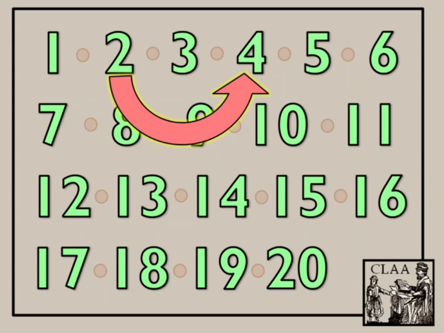Here we can add 2 again. If we start with the number 2 and add 2 more, we move past 3 to 4. 2 and 2 more makes 4.